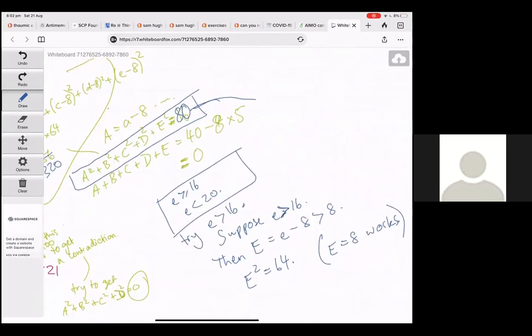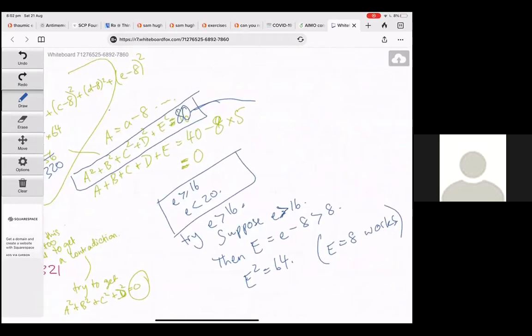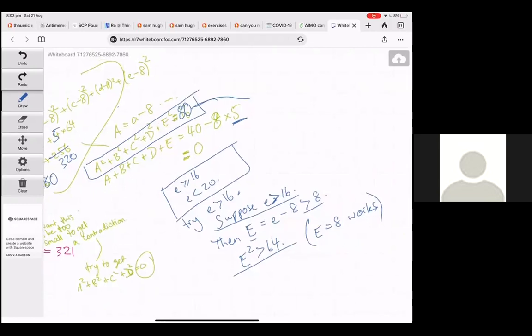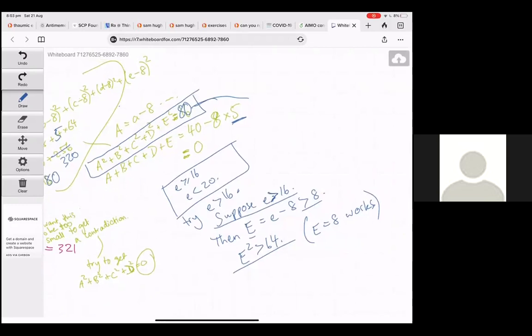Okay, but this is still true because I did the 5 properly. So we've got the squared values add to 80 and the original values add to 0. And so we're trying to suppose that E is bigger than 16, which means big E is bigger than 8. So big E squared is bigger than 64. And so we can continue by looking at what that means for this equation.